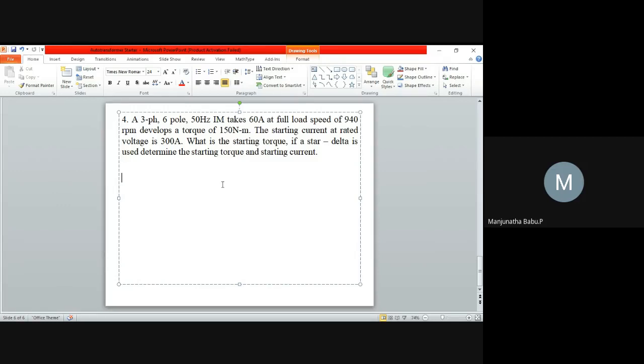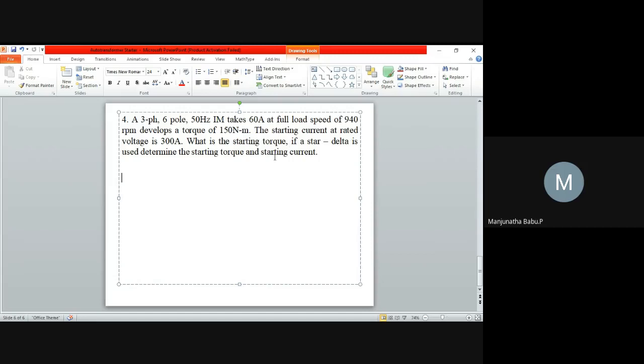ISC is 300 divided by IFL is 60 whole square into SF is 0.06, and torque at full load is 150. So starting torque will be equal to 225 Newton meter.